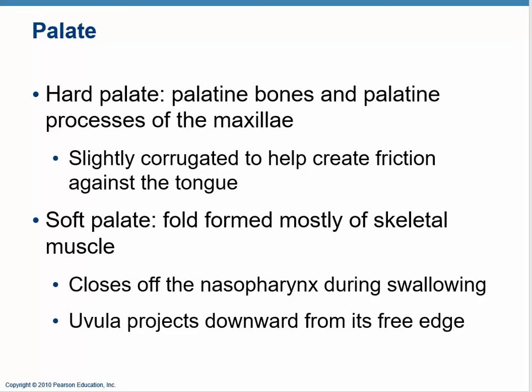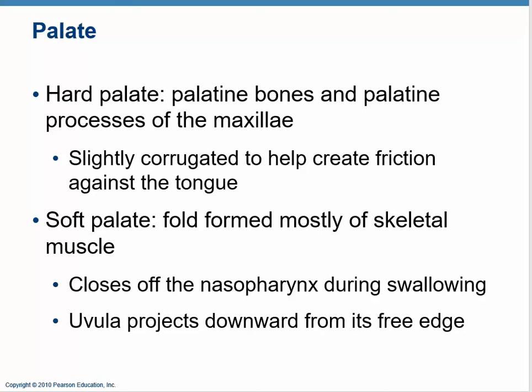The palate is made up of two parts, the hard palate and the soft palate. The hard palate has the palatine bones and the maxilla bones in it. It has some ridges in it, so that you can work food with your tongue against it and roll food into little balls called bolus, right?